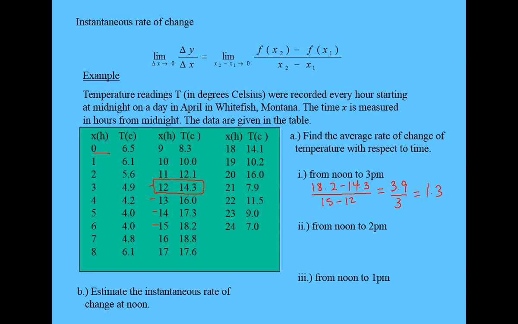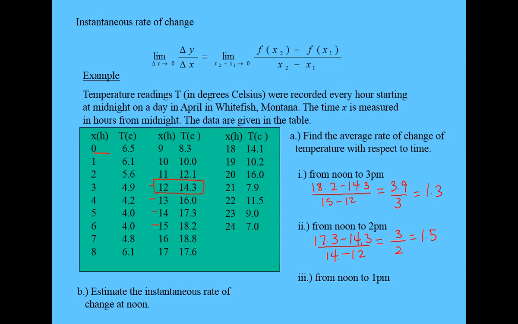Then it says from noon to 2. So again, we're going to use the difference quotient, 17.3 minus 14.3, all divided by 14 minus 12. So we would get 3 all divided by 2, which is 1.5 degrees Celsius per hour.